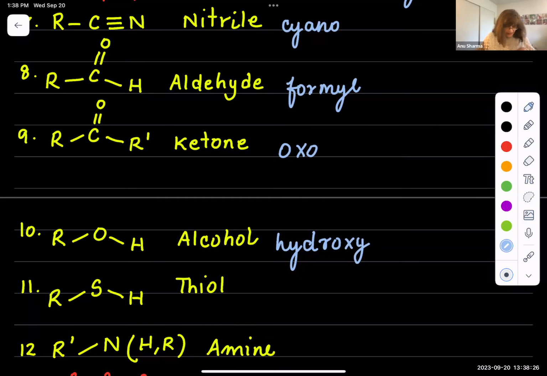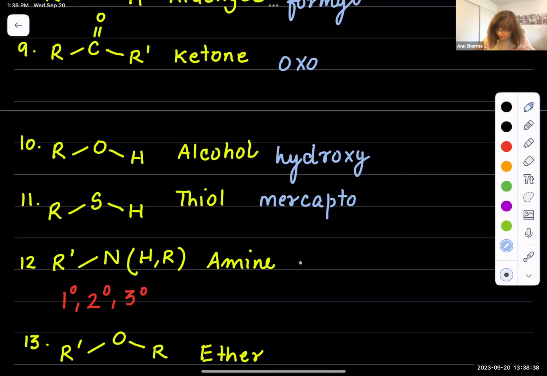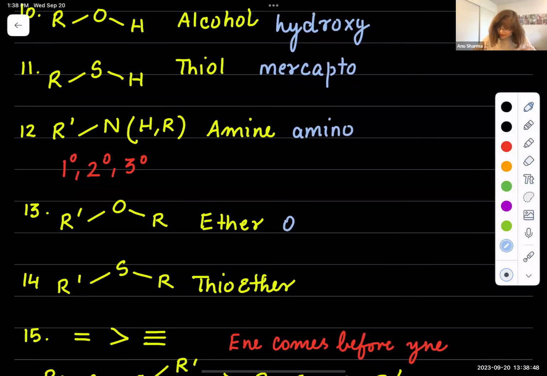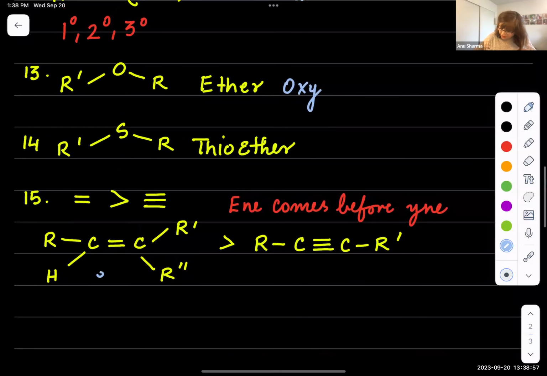Then comes the thiol. Thiols are mercapto, M-E-R-C-A-P-T-O. Then the amine becomes amino, A-M-I-N-O. Then the ethers are oxy, O-X-Y. Then comes the enes and the ines. This would be labeled as ene, and this would be labeled as ine.